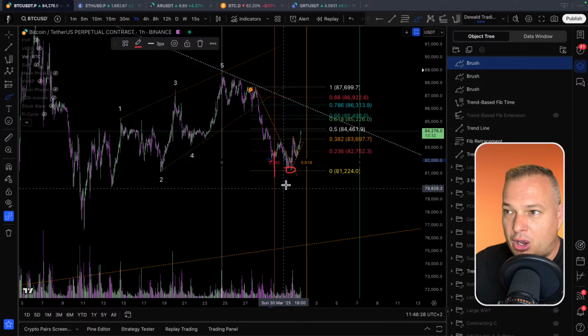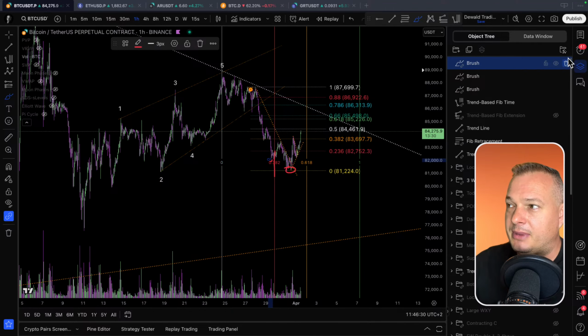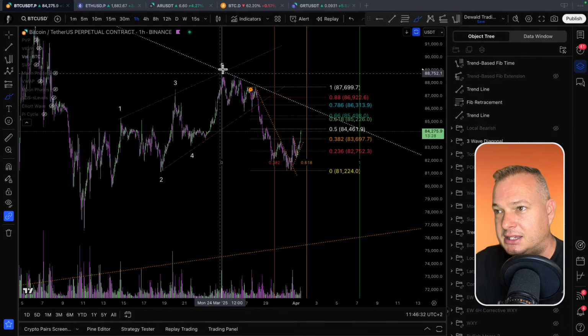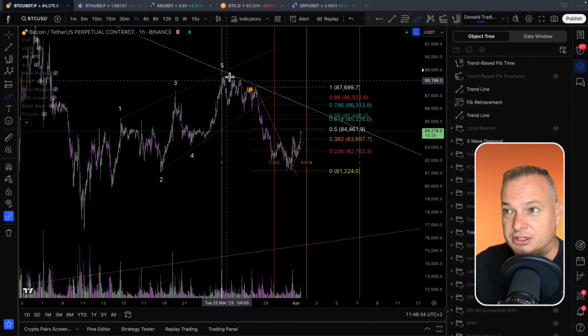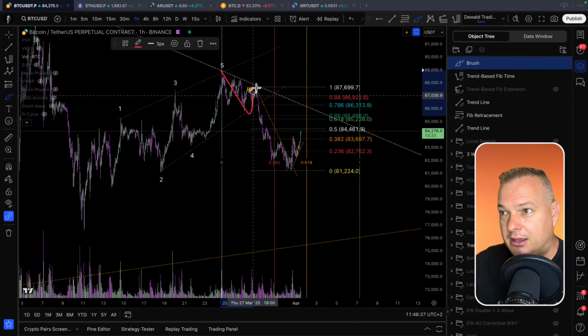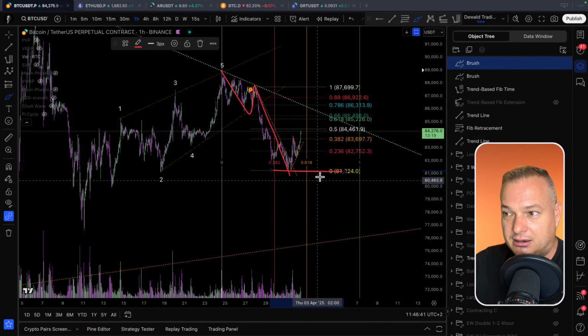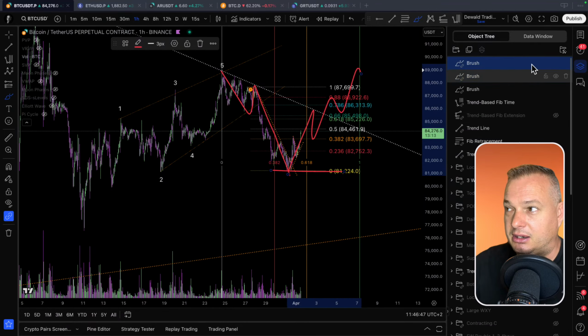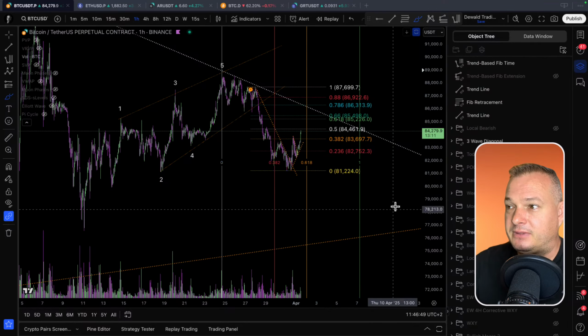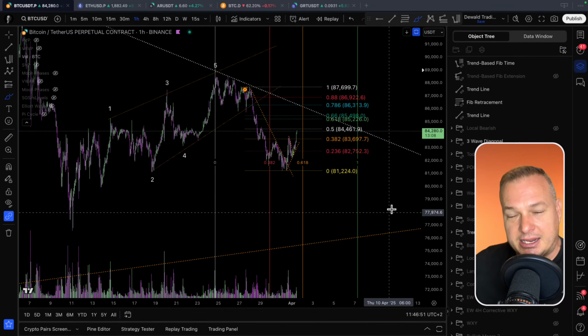The thing that concerns me about the structure is that now you have to count the structure as an A, B, C. You have to. If this is done, it has to be an ABC. There's no other way to count the structure, and it's going to rampage here to the upside. There's two problems. The scenario can still play out, but I would say it has about a 15 to 20% chance of playing out.